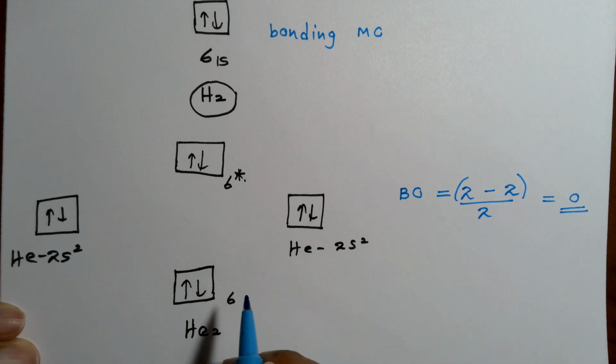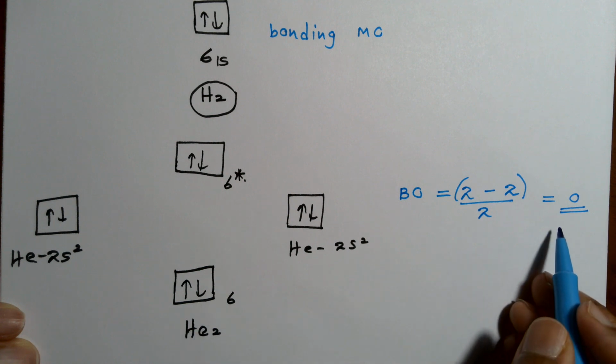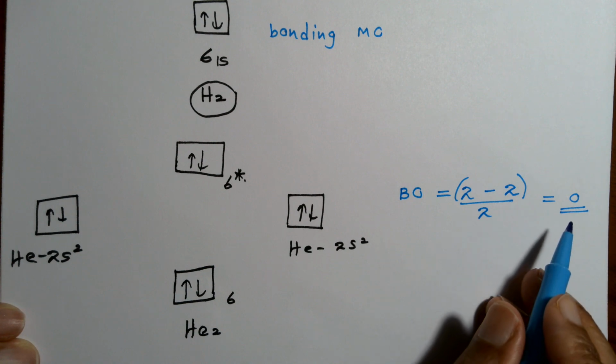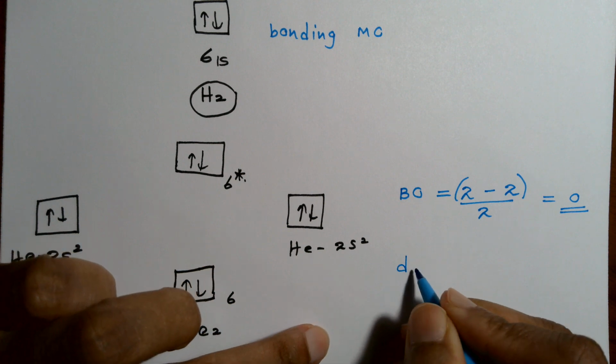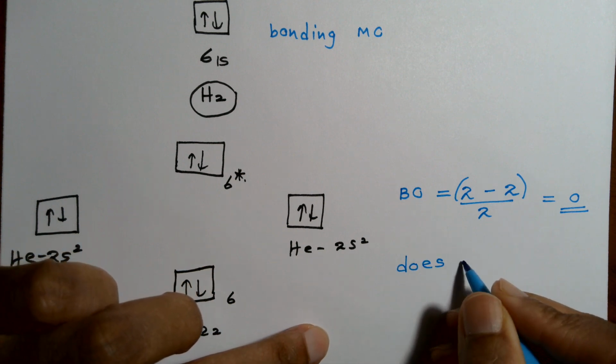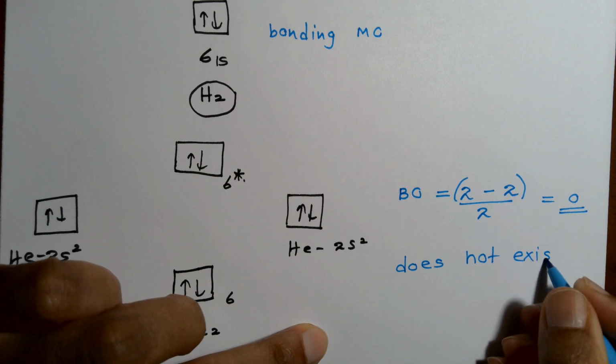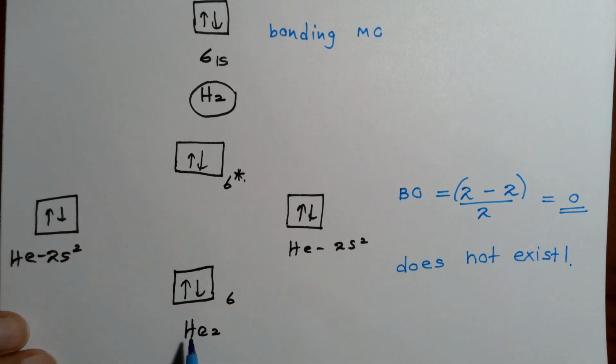The bond order for the hypothetical molecule He2 is 0. According to molecular orbital theory, if any molecule's bond order is 0, that molecule does not exist. So He2 does not exist. It exists as a monoatomic gas, not a diatomic.